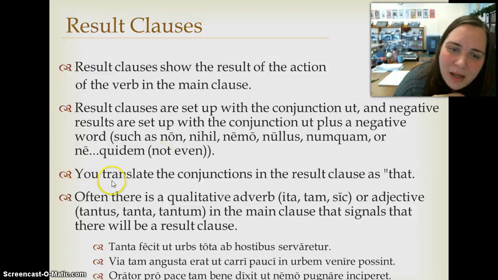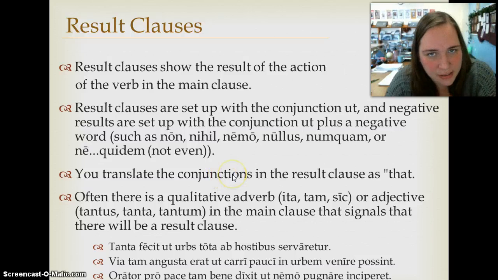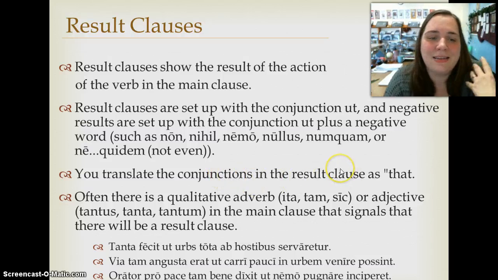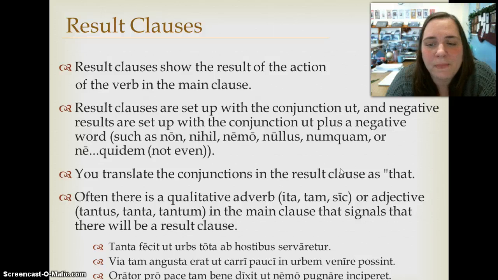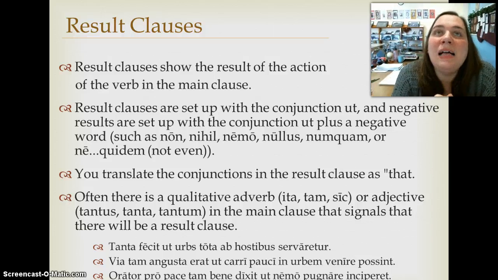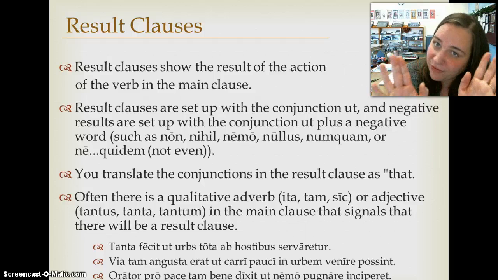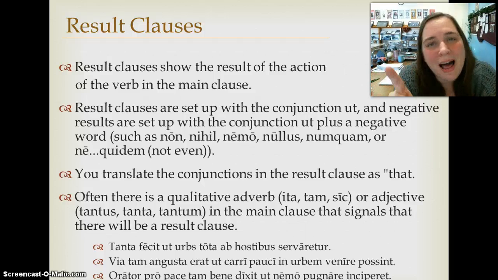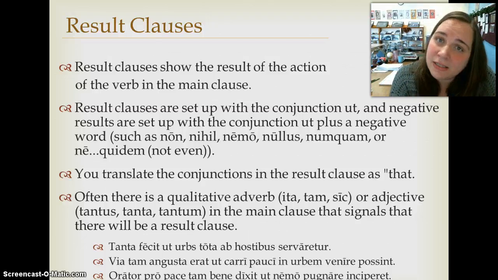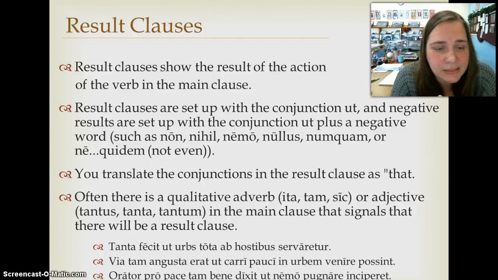For the most part, you translate the conjunction ut in the result clause as that. Now, because both the purpose clause and the result clause are set up with the conjunction ut, you might be afraid that you're going to get a little confused between the two. But the result clause is nice because it gives us a signal, a hint in the main clause of the sentence that tells us that this is going to be a result clause instead of a purpose clause.